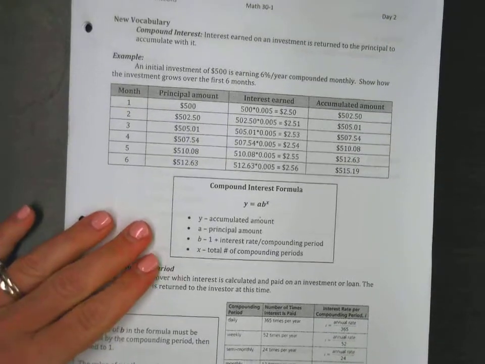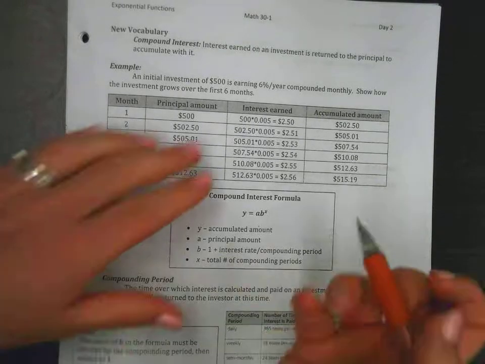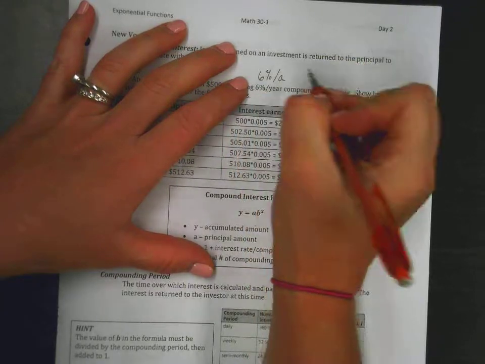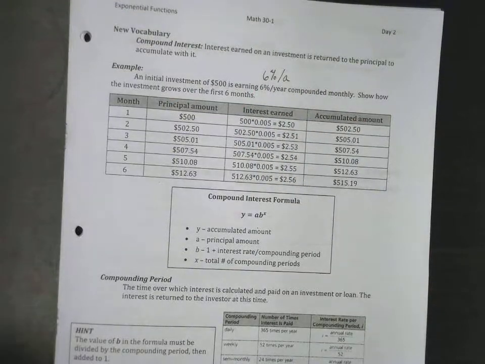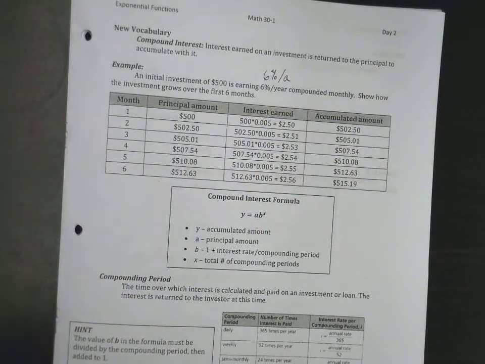So, for example, if an initial investment of $500 is earning 6% per year, or often we would see this as per annum, this A really represents that it's the interest rate per year, and it's compounded monthly. Show how the investment grows over the first 6 months.